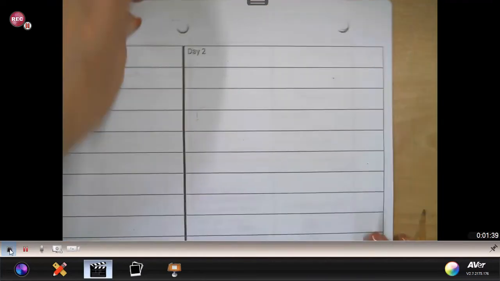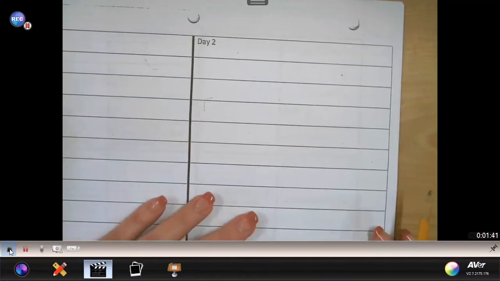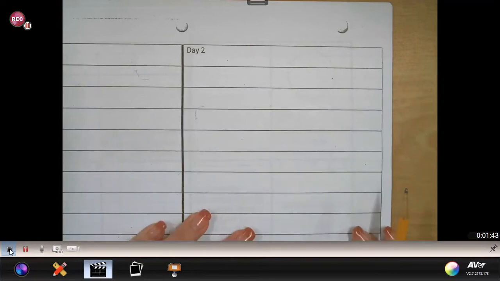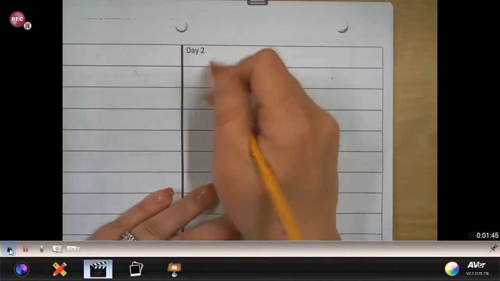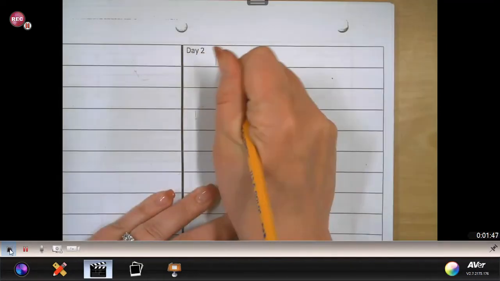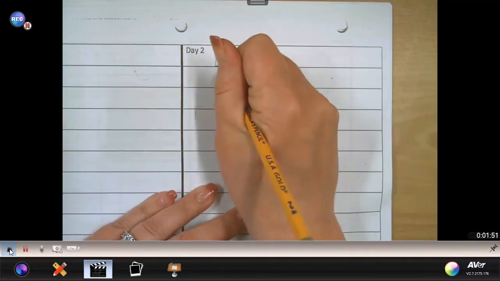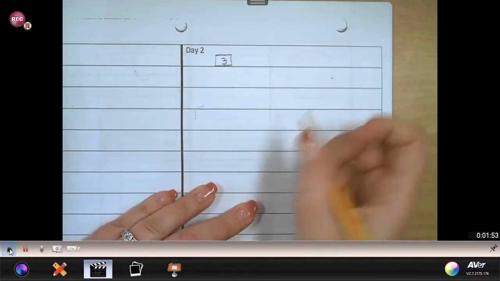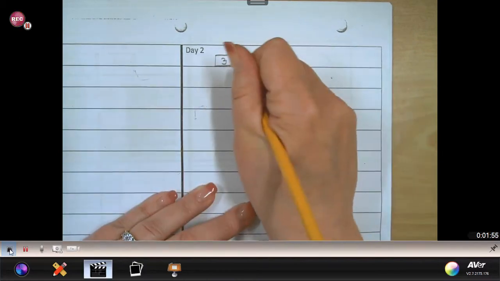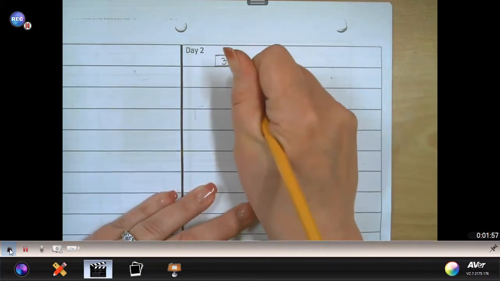Let's take a look at the back. I'm going to look at day 2. It says 3 skiers fit on each seat. So we want 21 skiers, but we know there are 3 skiers on each seat. Here's a seat, and that seat fits 3 skiers. This one fits 3.